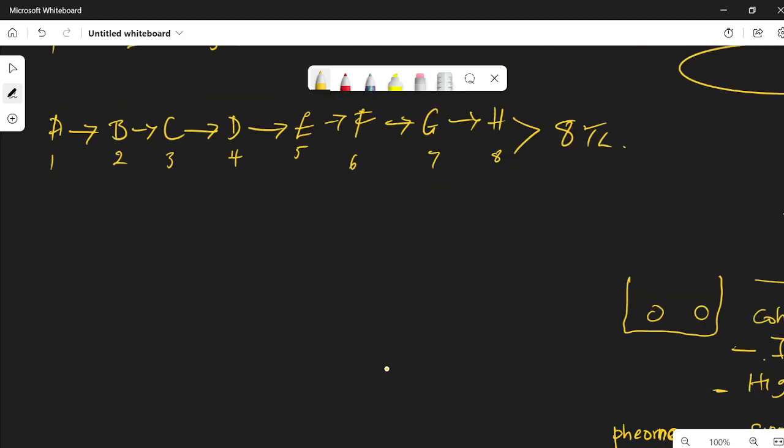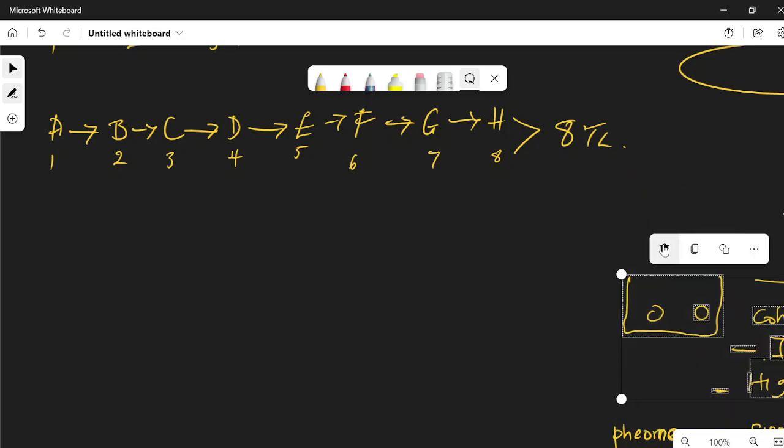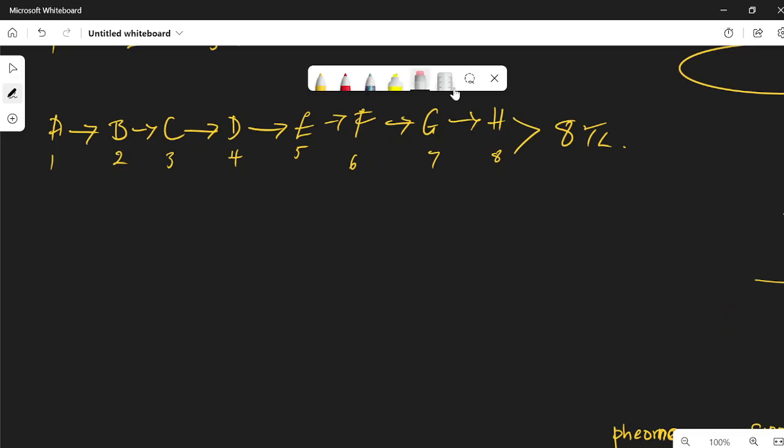And then we have the next one, which is referred to as the pyramid of numbers.